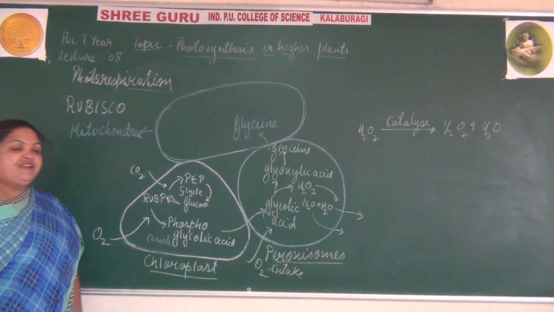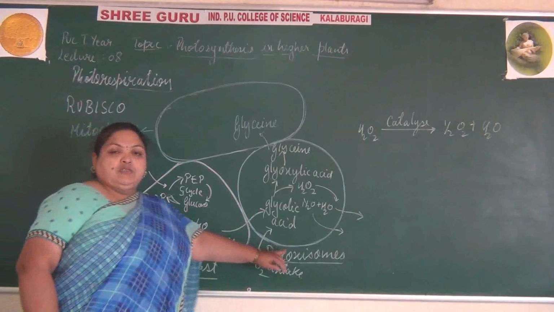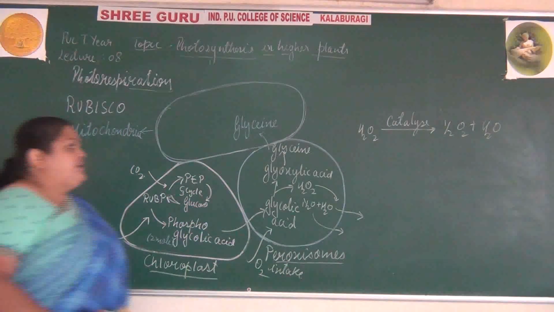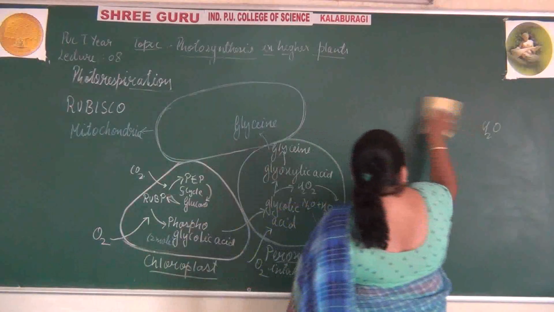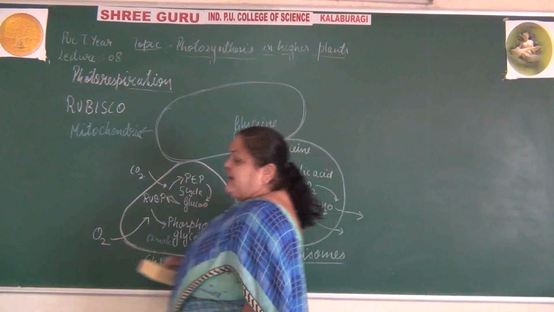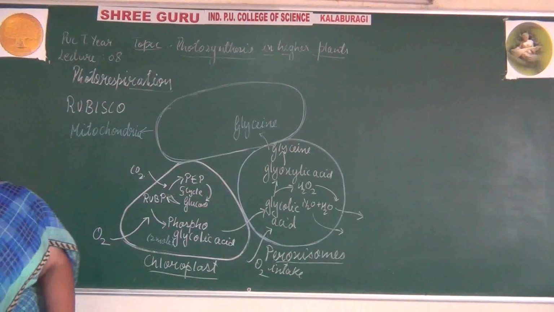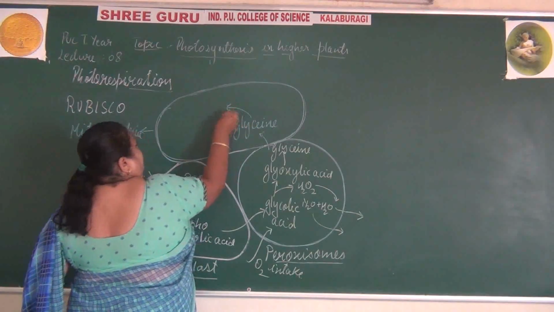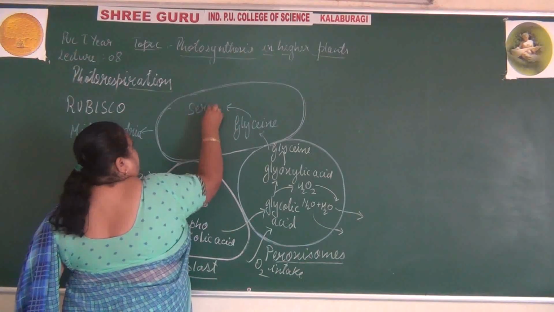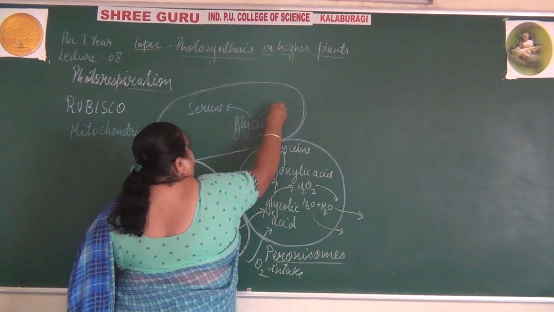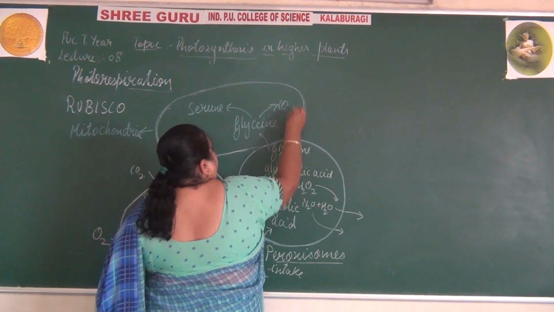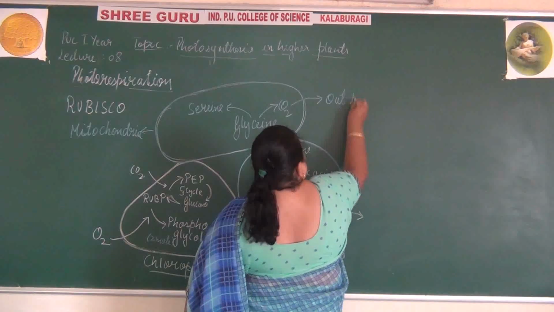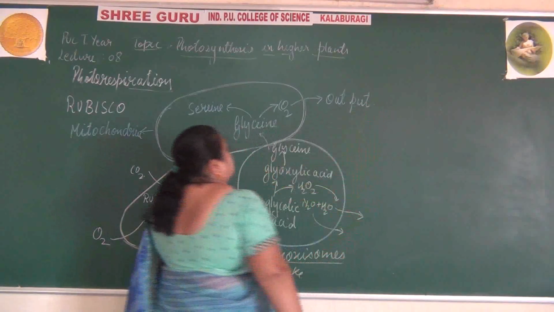So the glycine that is produced in the peroxisomes now enters the mitochondria, where the glycine interacts to form serine and carbon dioxide, which is released as an output.